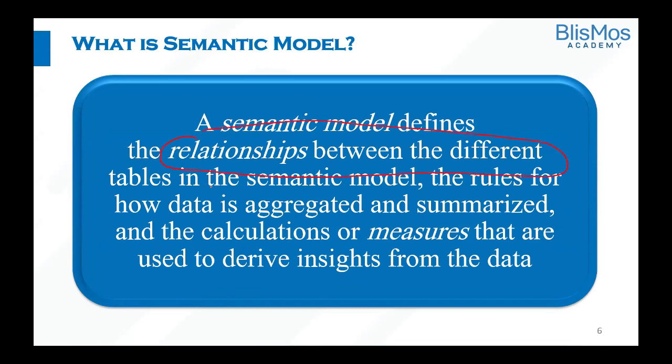First is the relationships, the second is the rules for how data needs to be aggregated or summarized, and the last one is the measures or calculations that are used to derive the insights from the data.